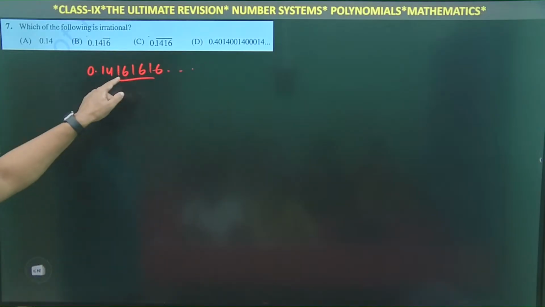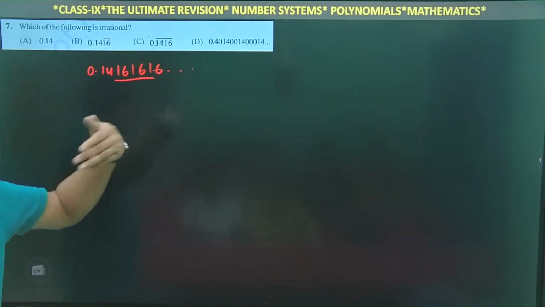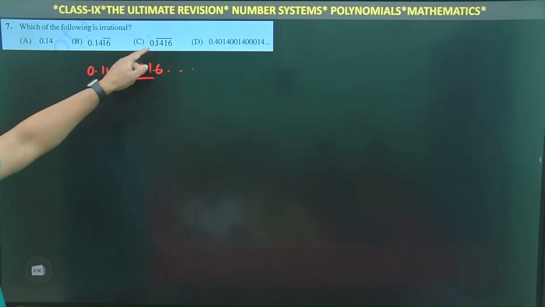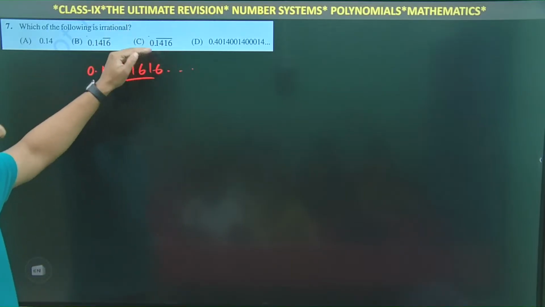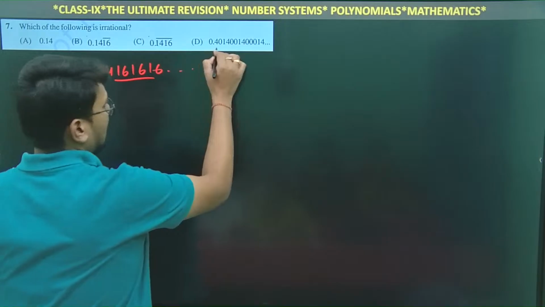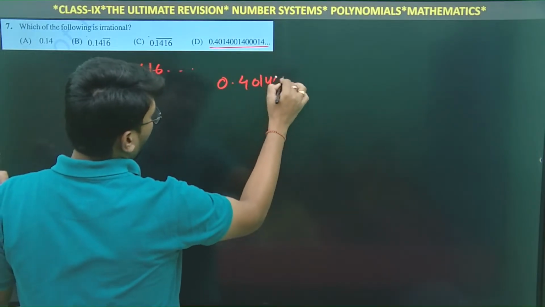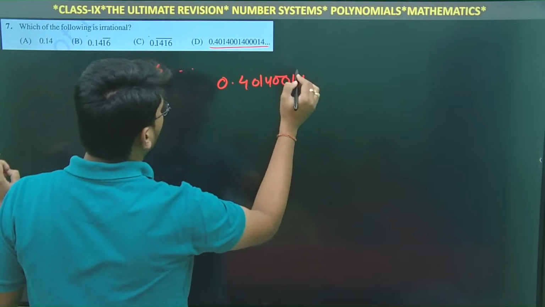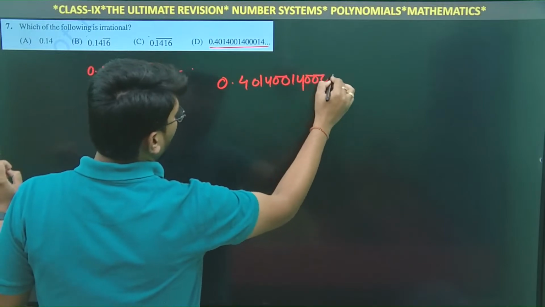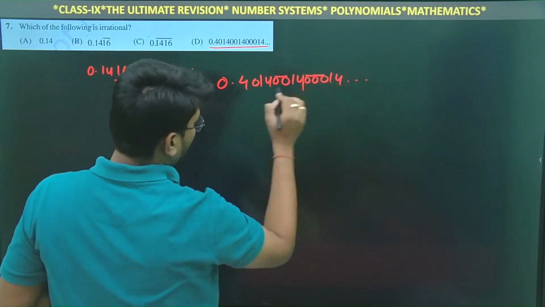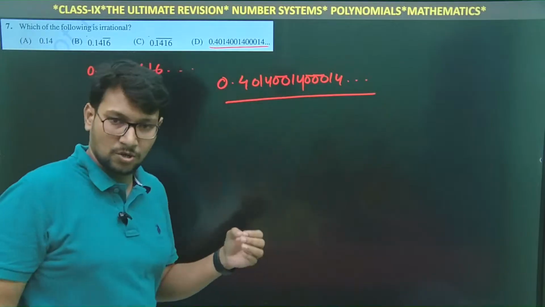So what is this? Recurring, repeating. What about this? Recurring, because the bar is there. But here, 0.401400140014... means it is non-terminating.